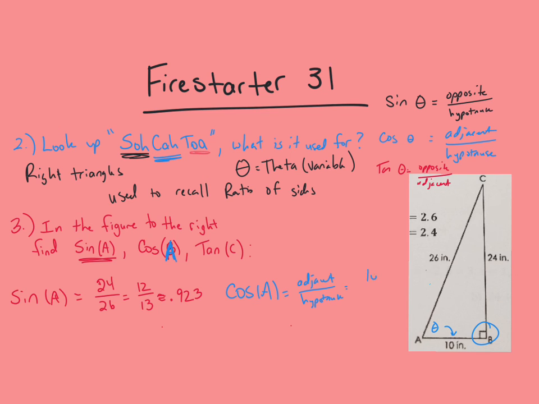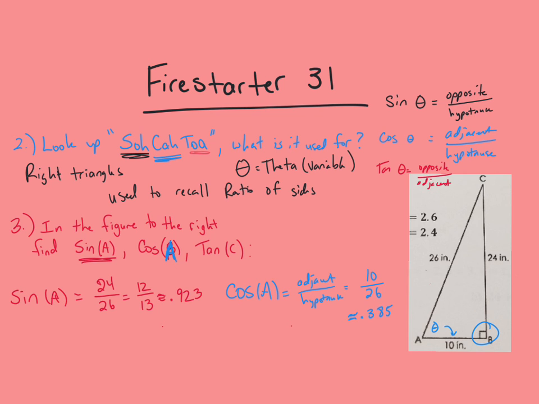So it's going to be 10 over the hypotenuse, which is 26. So 10 over 26 is about 0.385.